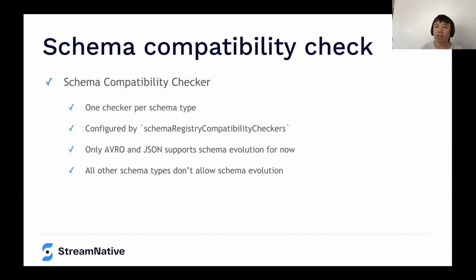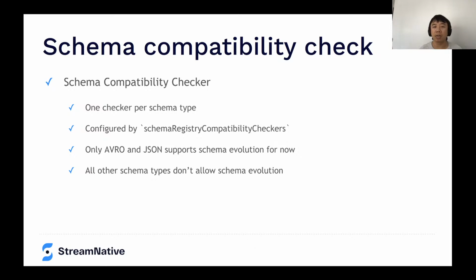That means Avro has its own schema compatibility check, and JSON has its own compatibility check, and we don't do a schema compatibility check for primitive types. The reason is there's no schema evolution for these primitive types.